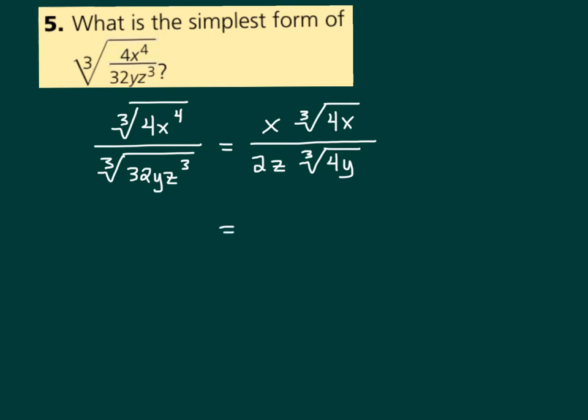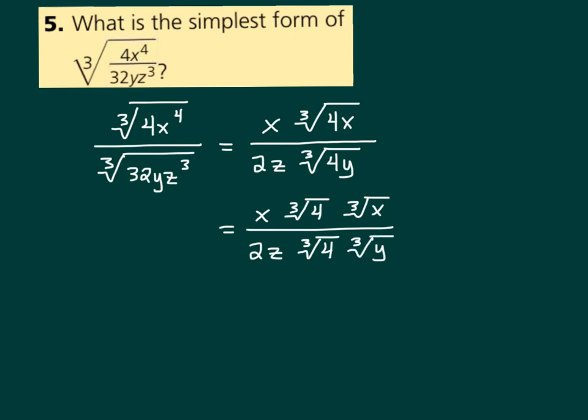So then we can rewrite this as x times the cube root of 4 times the cube root of x all over 2z times the cube root of 4 times the cube root of y. The cube roots of 4 are very nice and just cancel out.